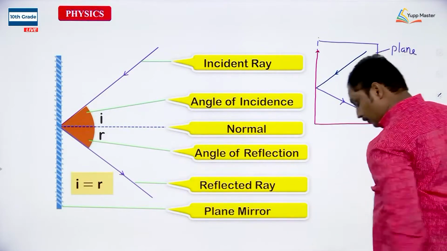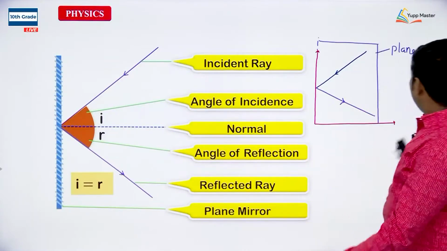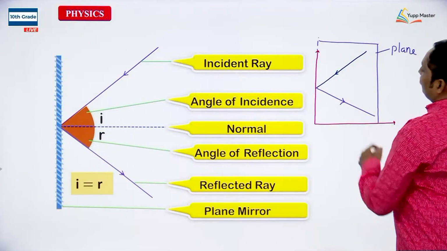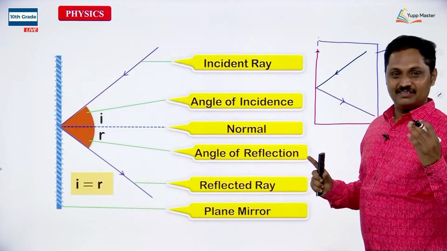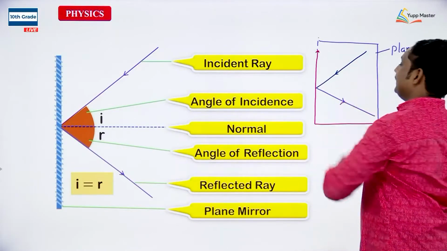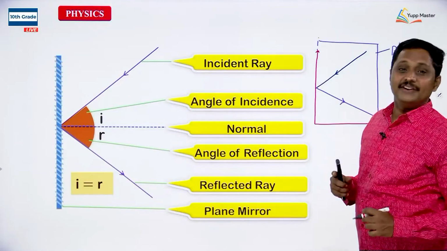All right, you are going to know about this. The incident light ray and the reflected light ray are confined, limited to one plane only. That is very clear.